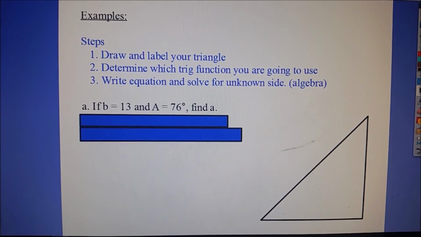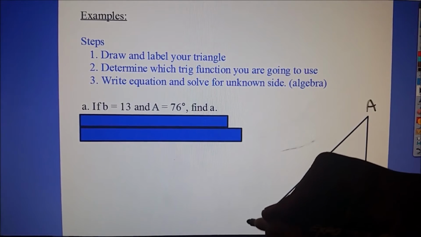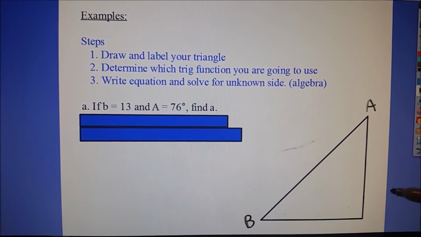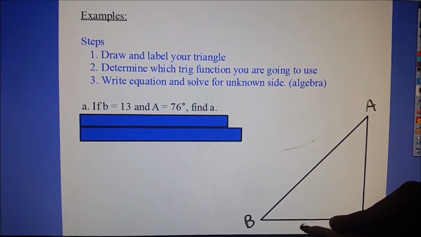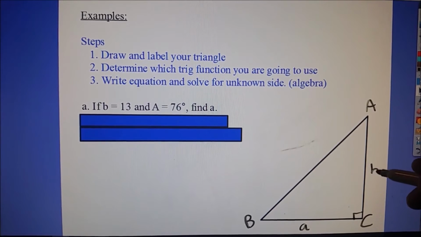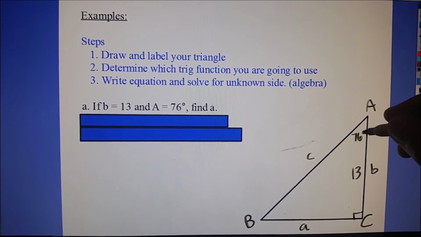Okay, so first and foremost, let's label our triangle. A. This is B. C will be our right angle. And remember I told you, opposite side are the lowercase letters. So little a, little b, tiny c. Okay, so our problem says B has to be 13. So we know that B is 13, and we know A has to be 76 degrees.